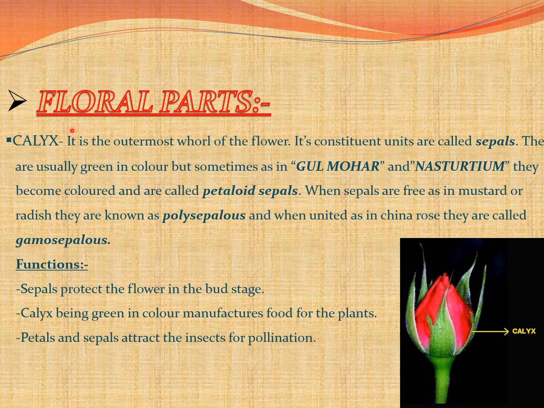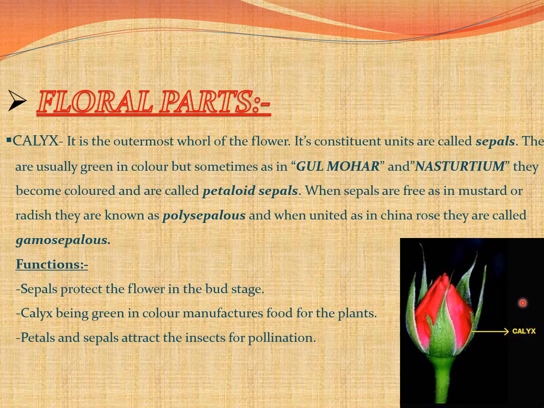The first whorl is called the calyx. The constituent units of the calyx are called sepals. This green outermost whorl is the sepals. Individual is a sepal, but a collection of sepals is the calyx.